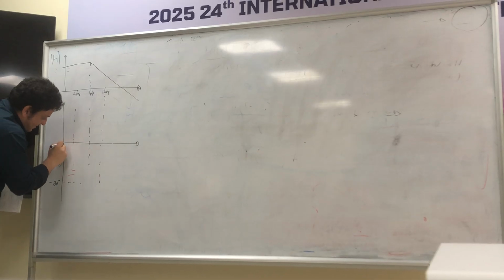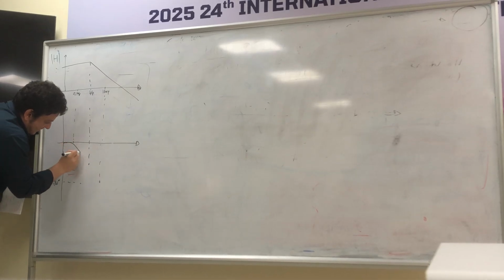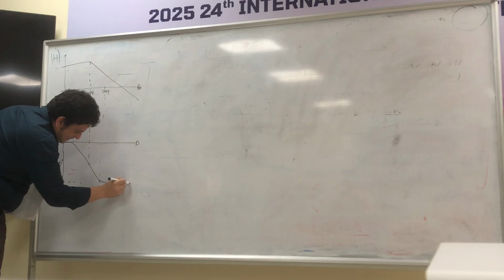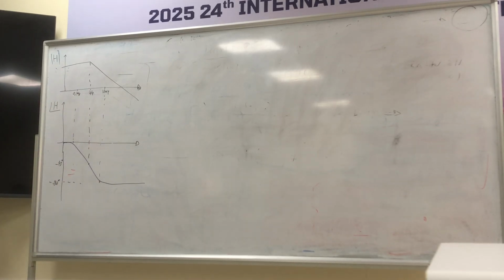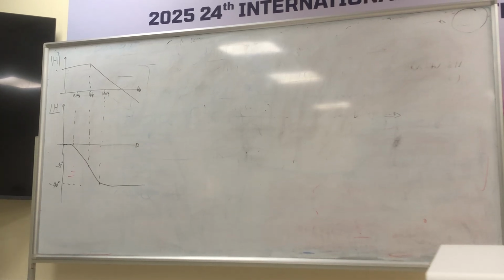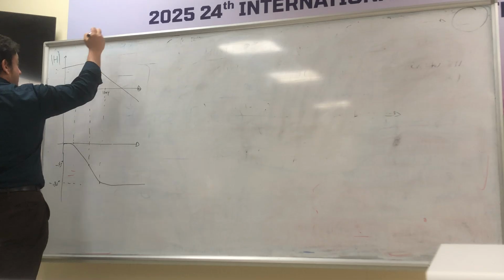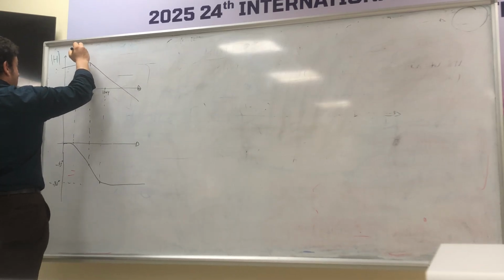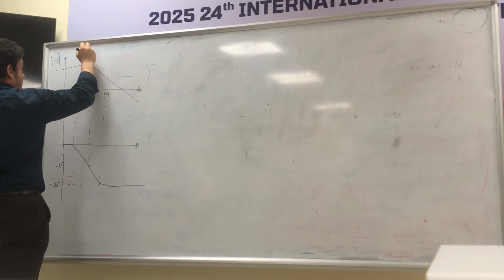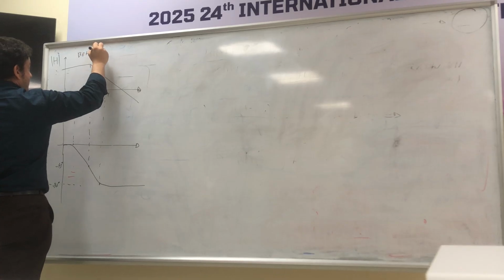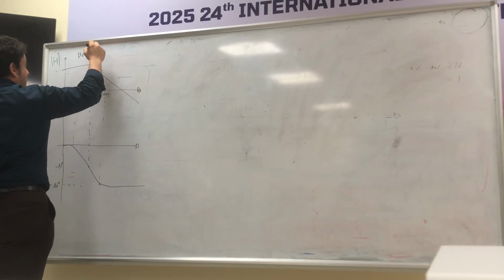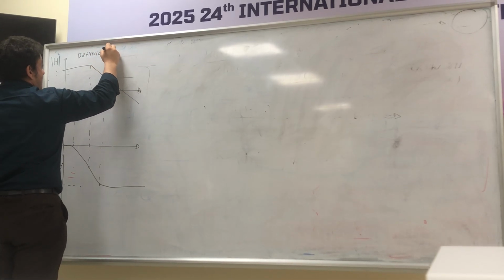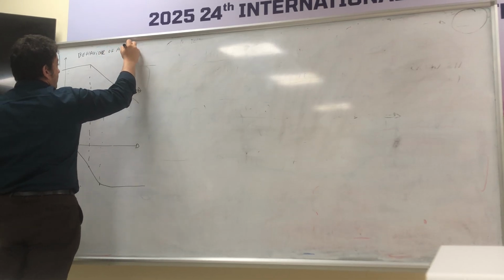So if I unify these points, I have something like that. This is what happens with a pole. Behavior of a pole.